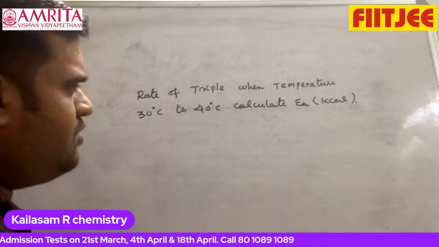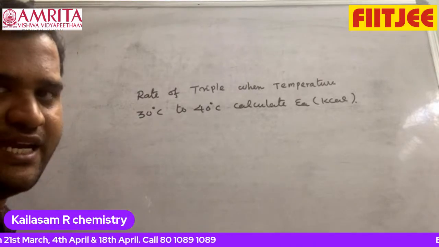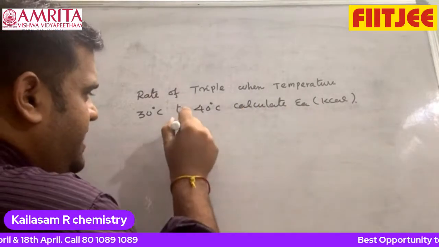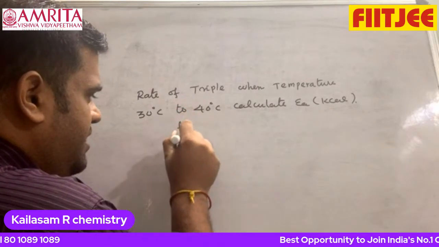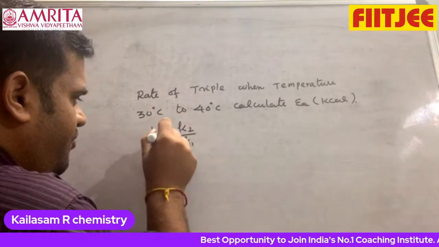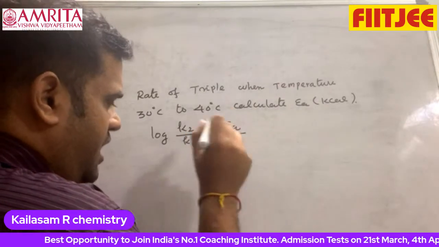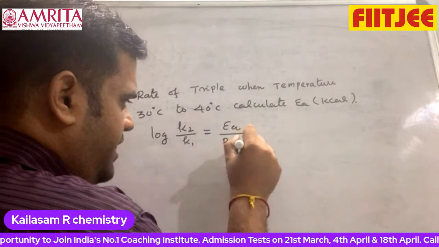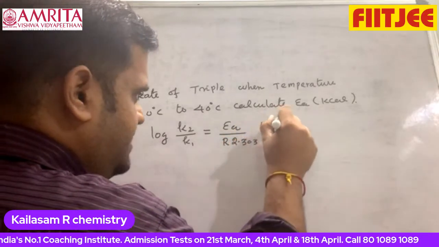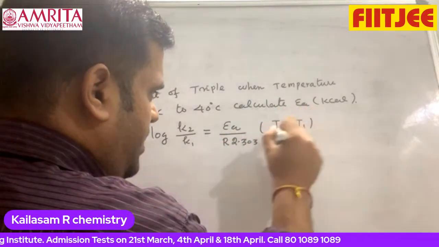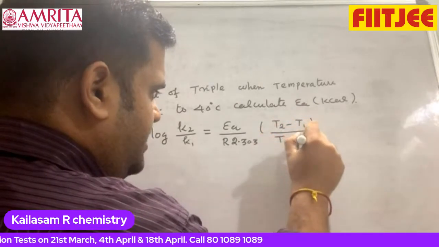Now look at this. The rate of reaction triples. That means I can go with the Arrhenius equation. We can write log K2 by K1 equal to EA by 2.303 R into T2 minus T1 by T1 T2.